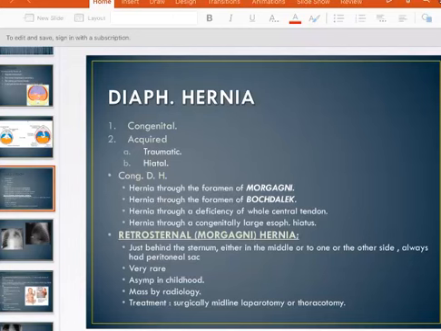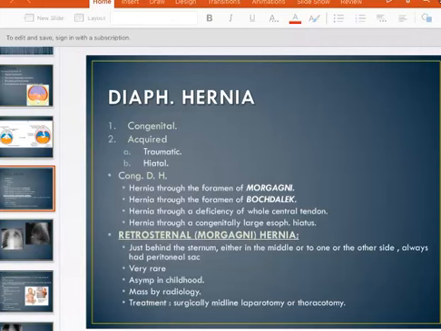Or maybe you have hernia through a congenital large esophageal hiatus. Now, we discuss each one, and you should digest that one. It is very important to know the pathology of each one.